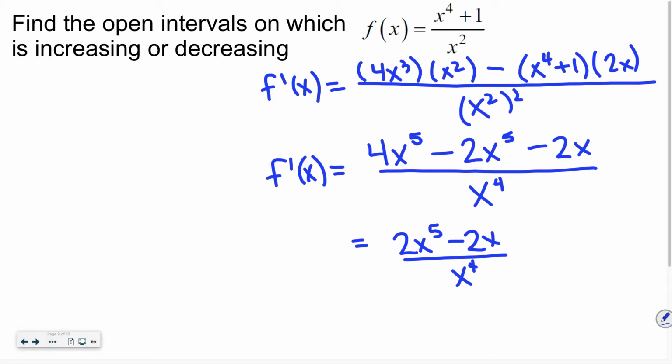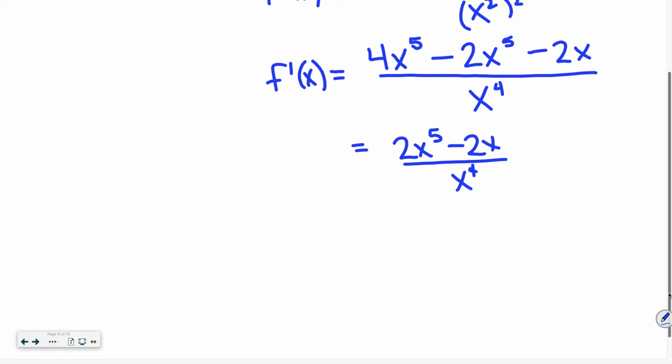Okay. I would go one step further, and since you could factor out an x, and we have an x to the fourth down here, I would factor out a 2x from here, because then we could cancel out this x with one of these.